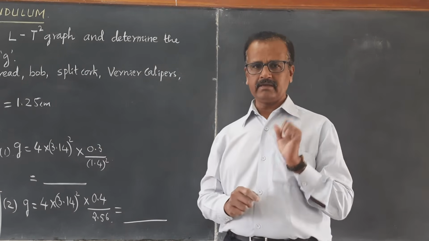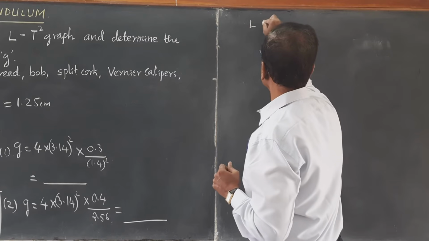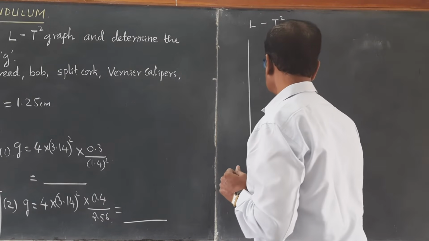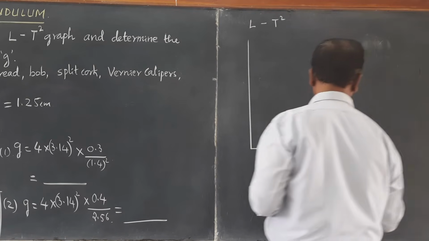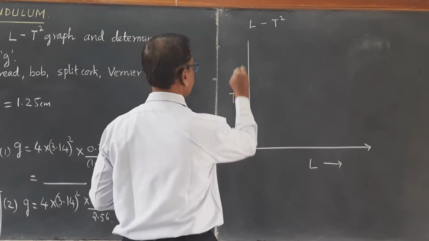Then draw the graph of L versus t square, taking the length along x axis and t square along y axis.